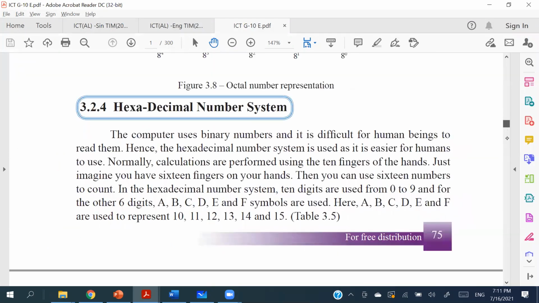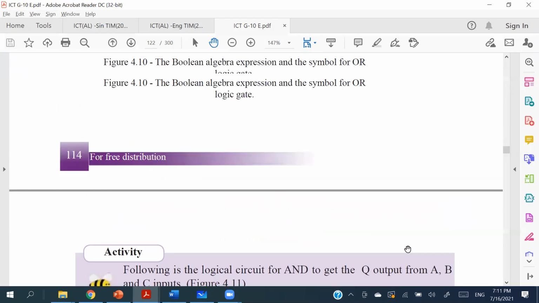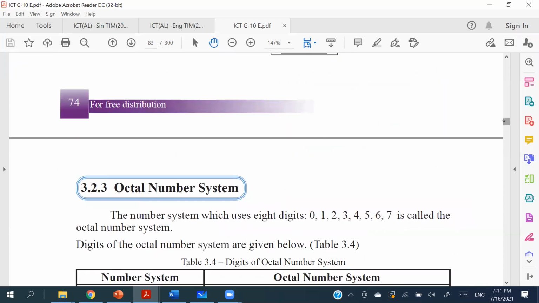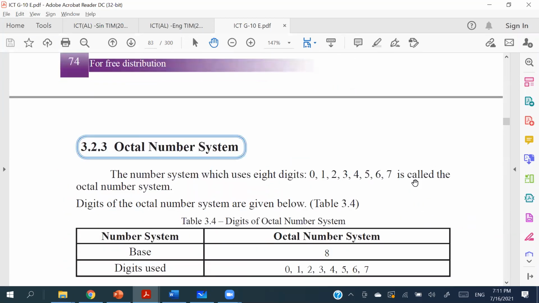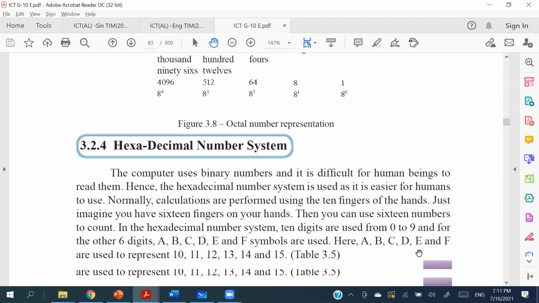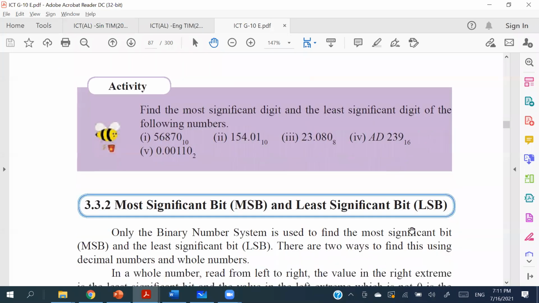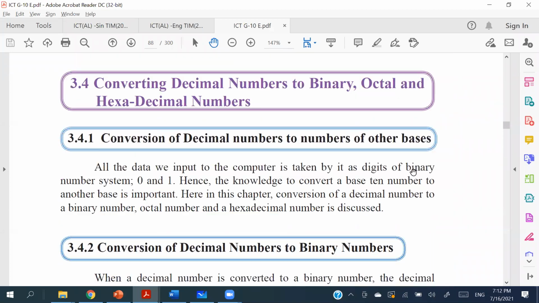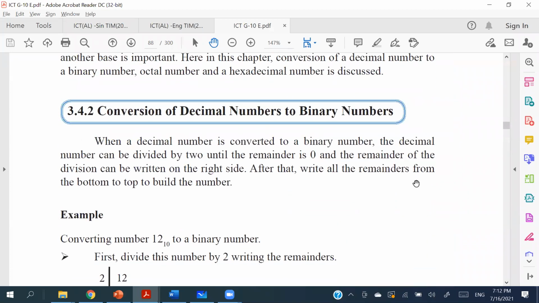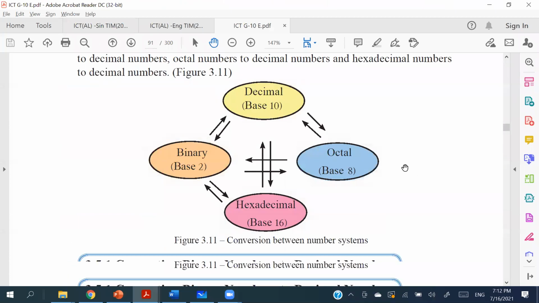Regarding the third lesson, yes, we have done all the conversions. We talked about most significant and least significant bits, digits, and everything. Now we are experts on those.